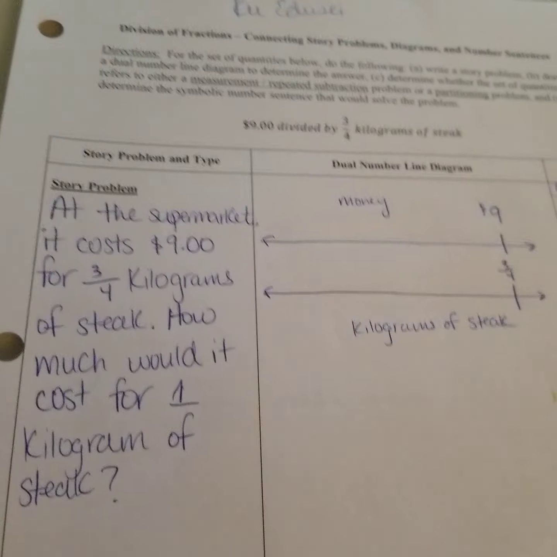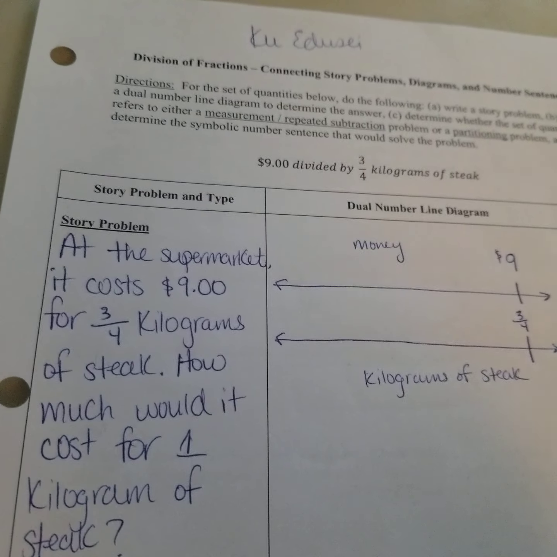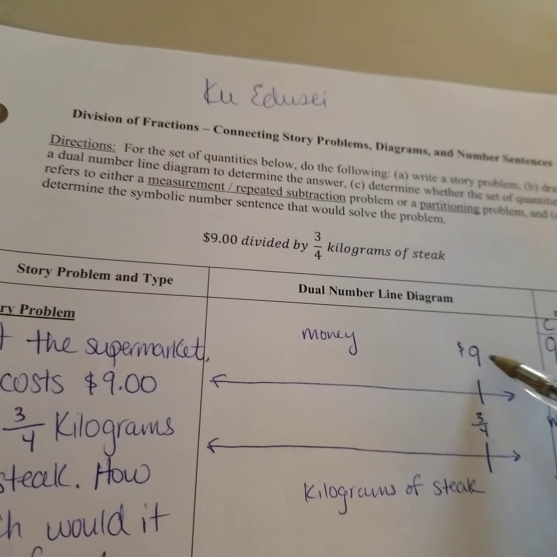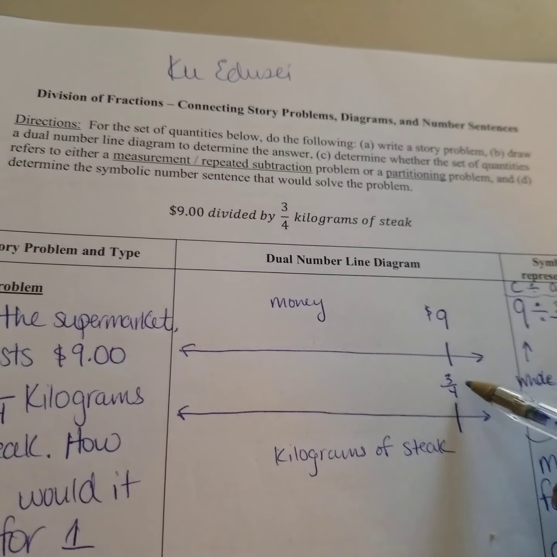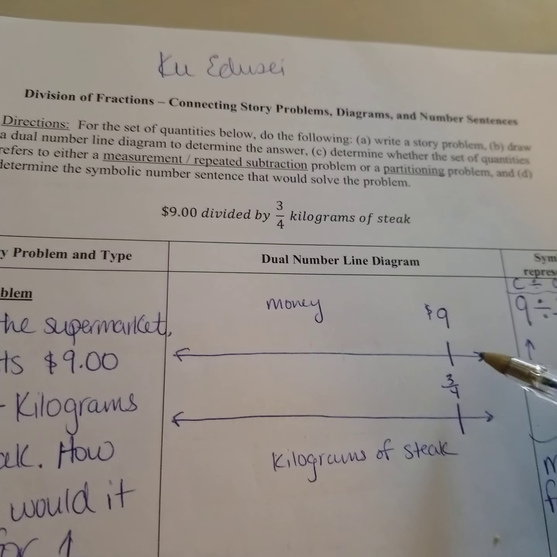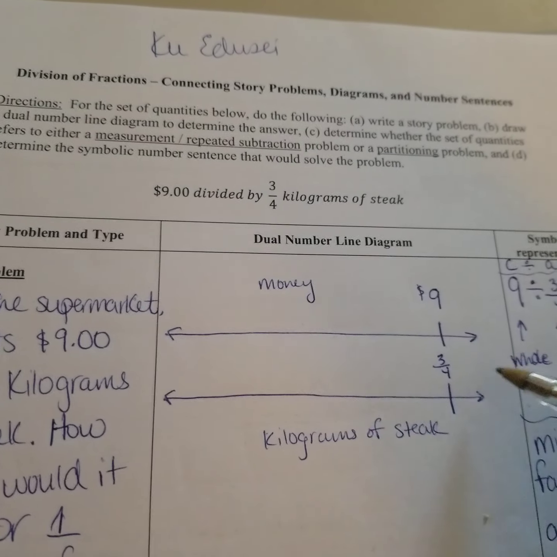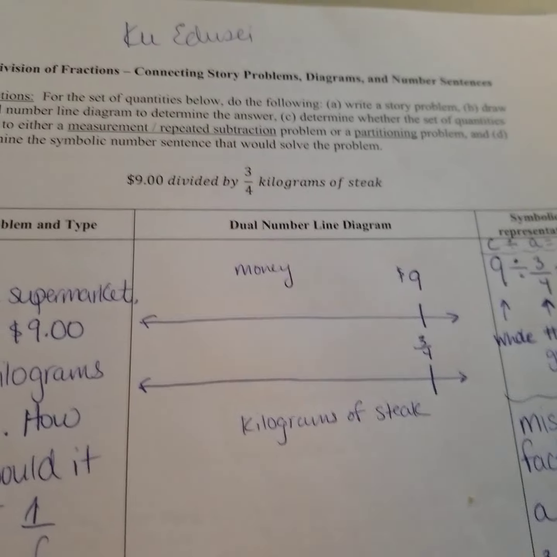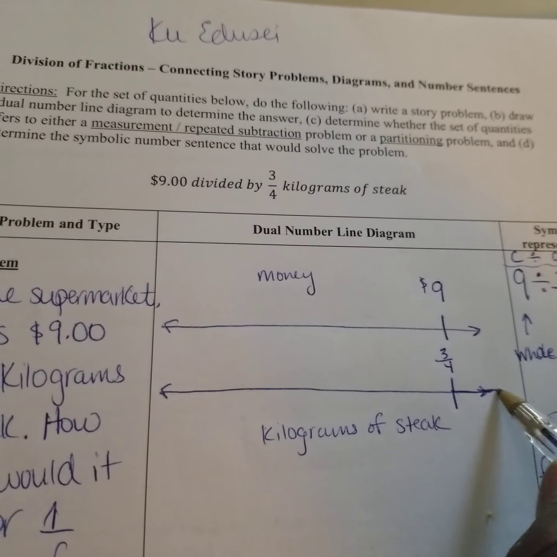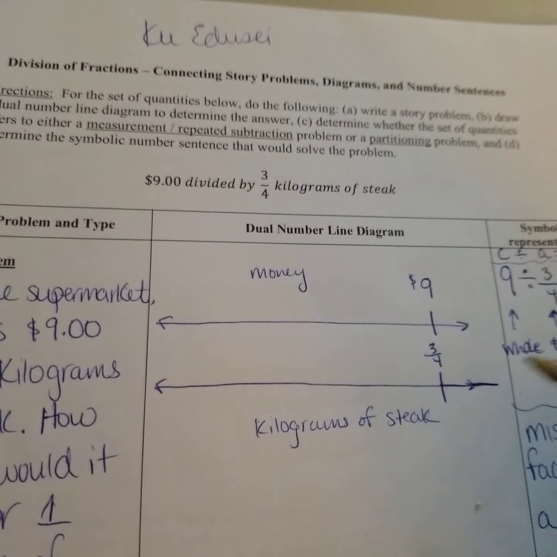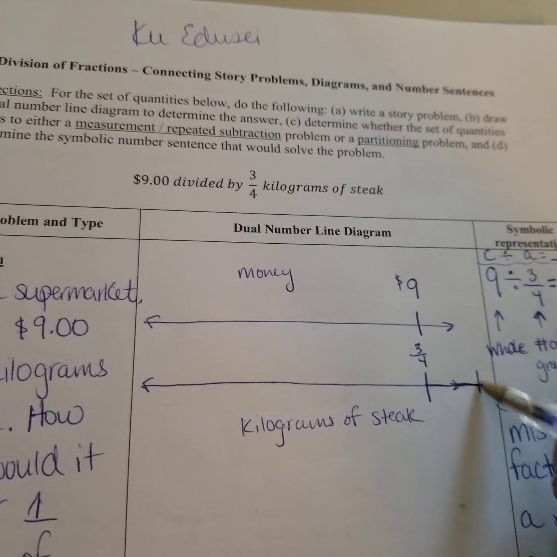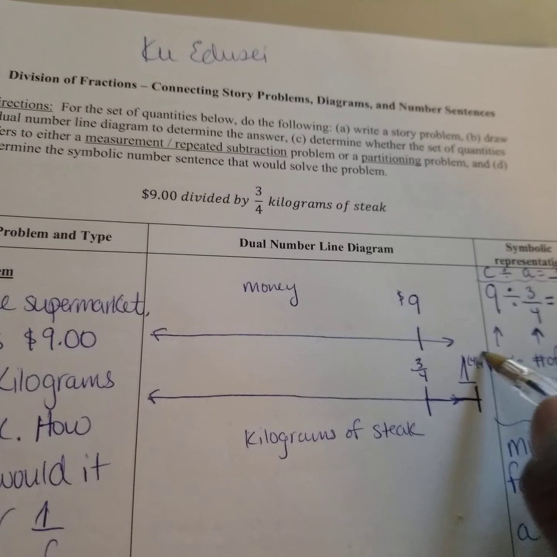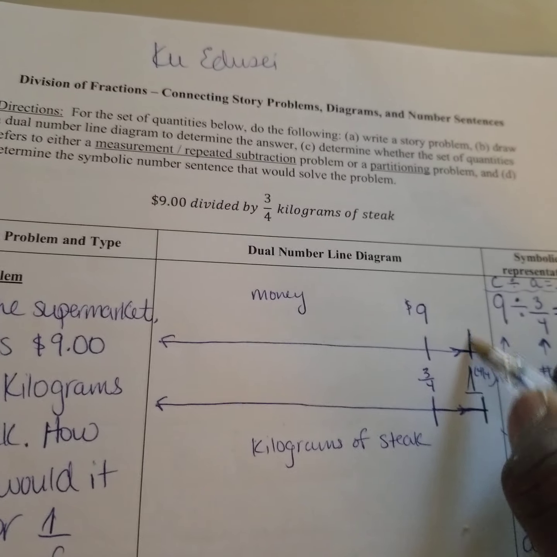For this, it can get a little bit tricky because they are telling us there's $9 for 3/4 kilograms of steak. However, remember that in partitioning problems, we want the size of one group. So I'm going to extend my number line a little bit. For 1 kilogram, or 4/4, we want to know what this is right here.